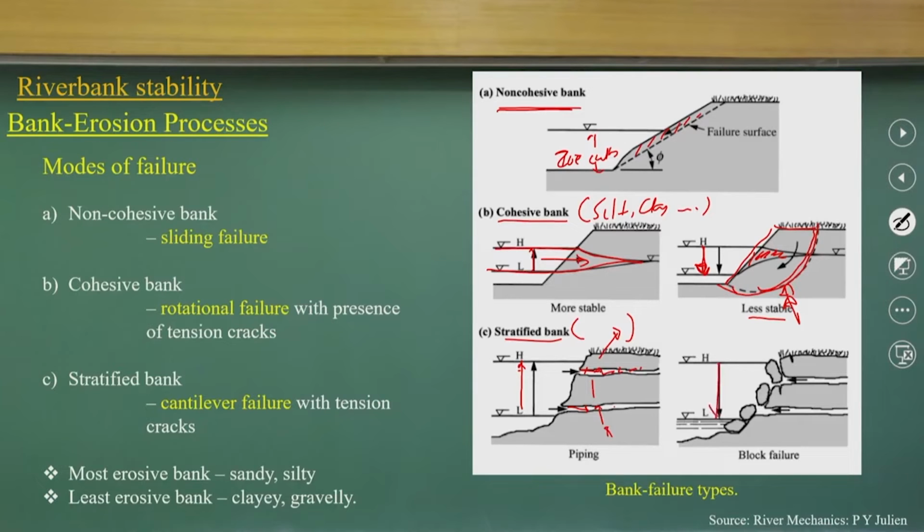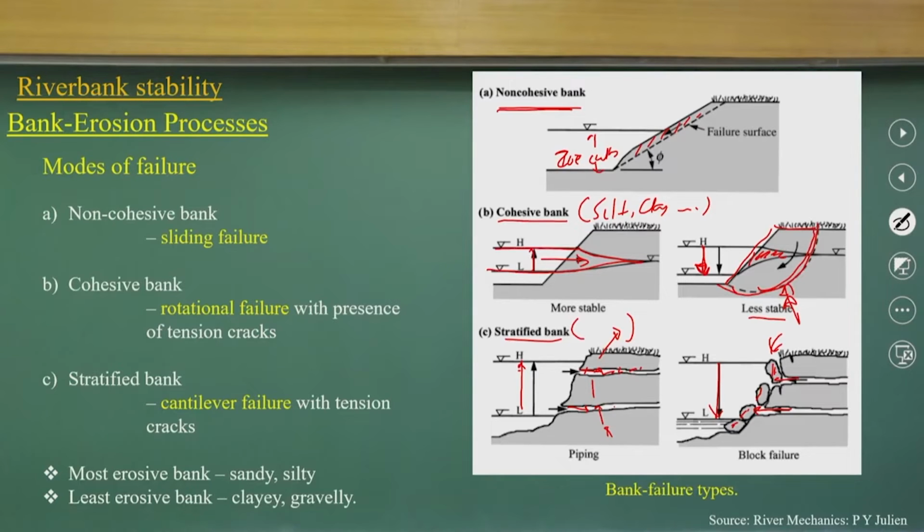As it recedes, the water also comes back. Because of that, you will have top surface cracking, cantilever type failure mechanisms will happen, and you will have mass wastings like this.